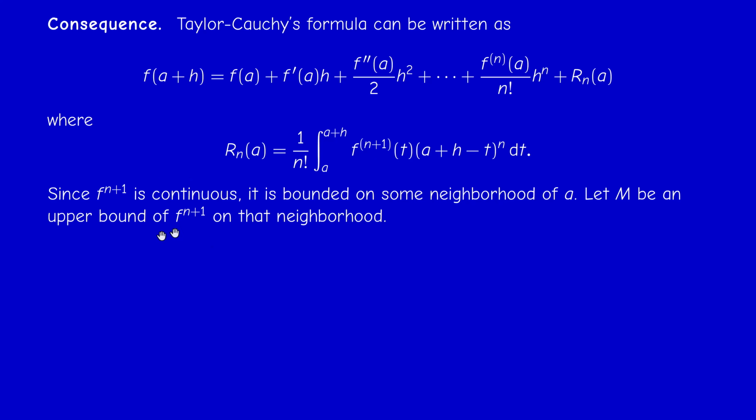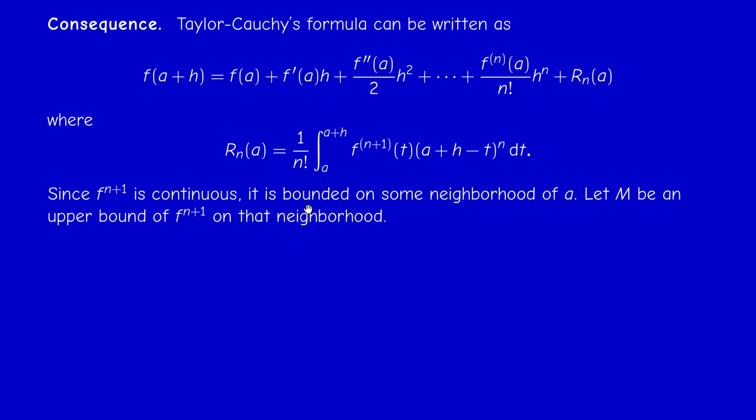Okay, now f^(n+1) is actually continuous, right? So in particular, it's bounded on any compact neighborhood of a. So on a neighborhood a minus delta, a plus delta, this is bounded by some constant, m, let us say.